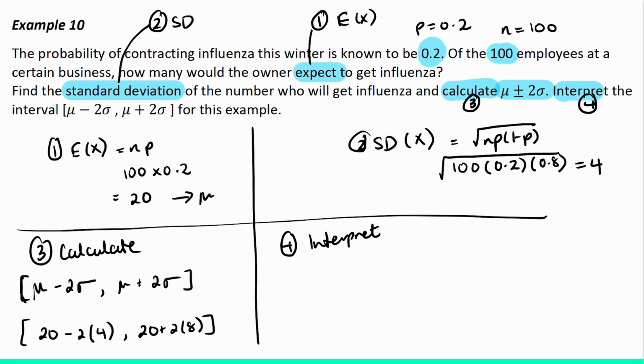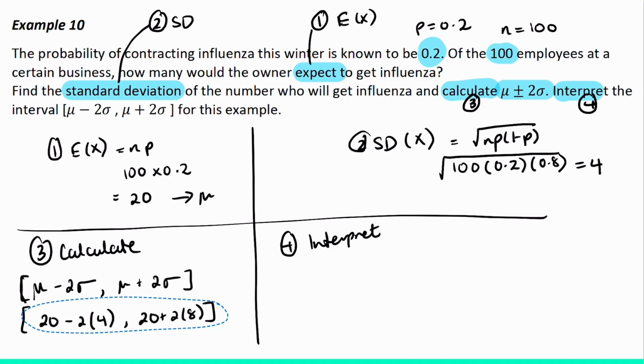So 20 minus 8 is 12, and, sorry, the standard deviation is 4, I just calculated that in my head. And then 20 plus 8 is 28.